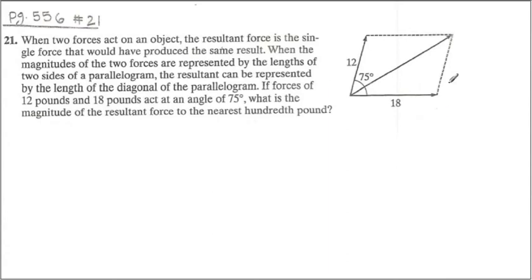Now here, when two forces act on an object, the resultant force is given in this way. Alright. Now, what are we looking for? If the force of the 12 pounds and 18 pounds act at an angle of 75 degrees, what is the magnitude of the resultant? So that's what we're looking for.